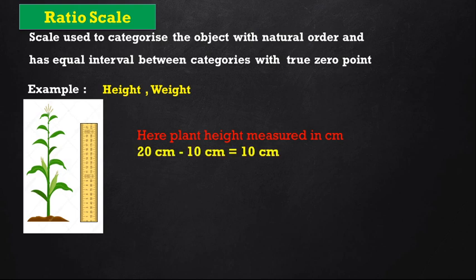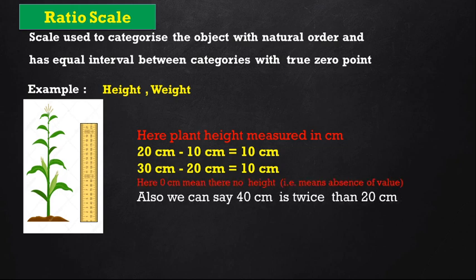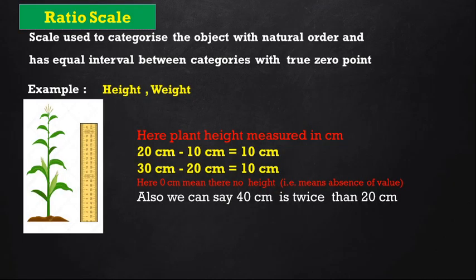The difference between 20 and 10 centimeters is 10 centimeters, and 30 and 20 centimeters is also 10 centimeters. So, here we have equal interval, and 0 means there is no height, 0 means absence of value, and we say that 40 centimeters is twice 20 centimeters.